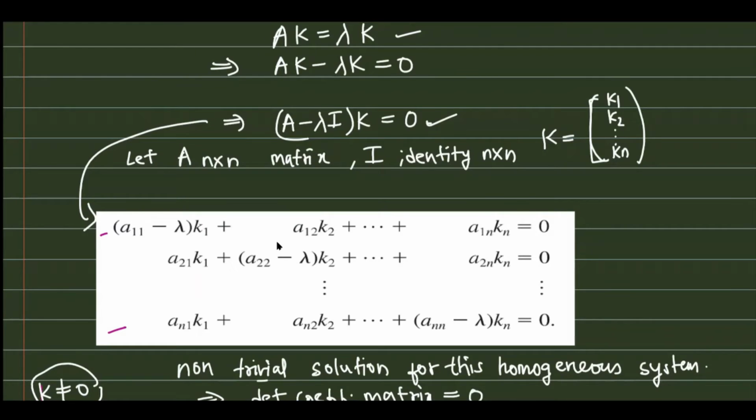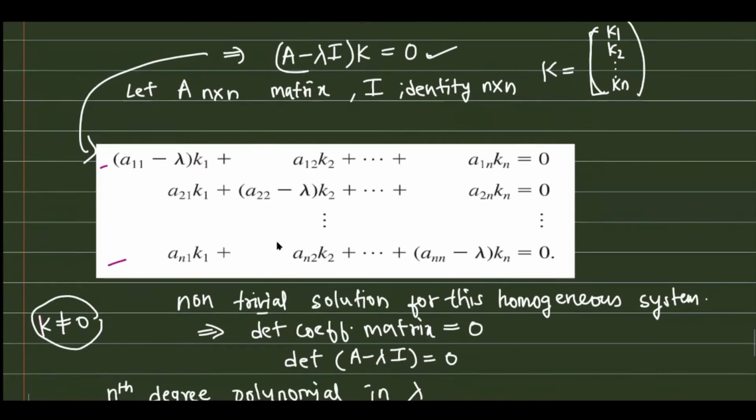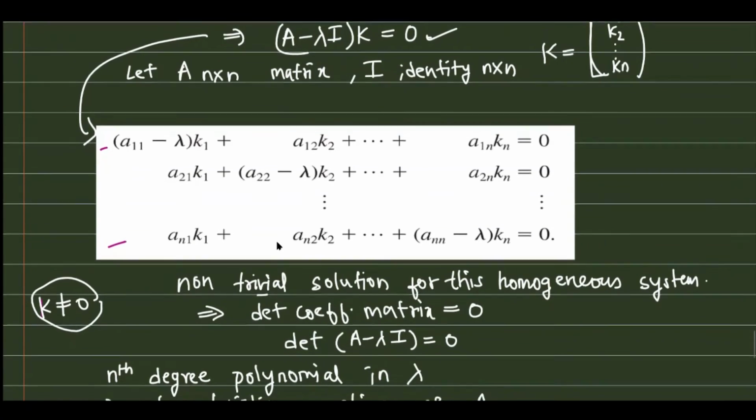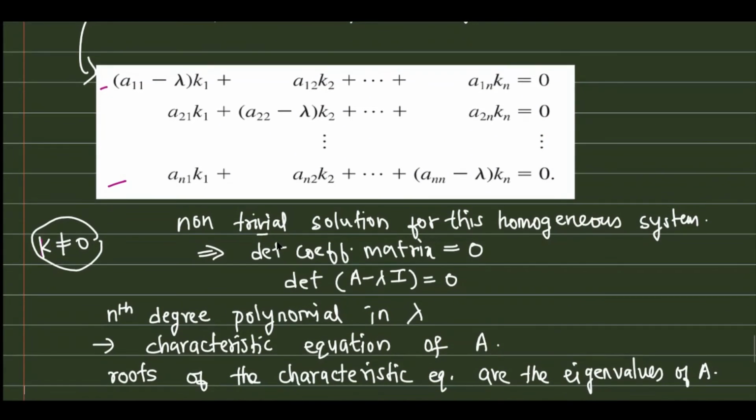In the last class we studied that to get a non-trivial solution for this homogeneous system, the determinant of the coefficient matrix must be 0. Here the coefficient matrix is A minus lambda I, so we must have determinant of A minus lambda I equal to 0.